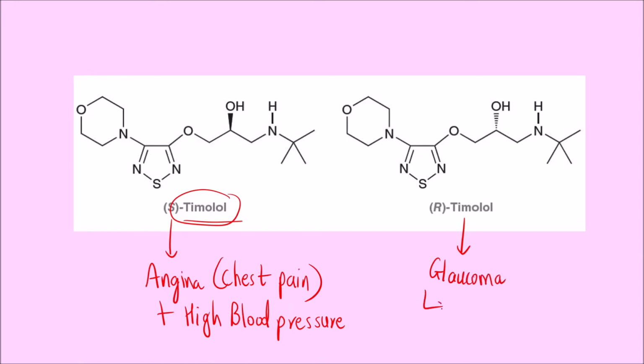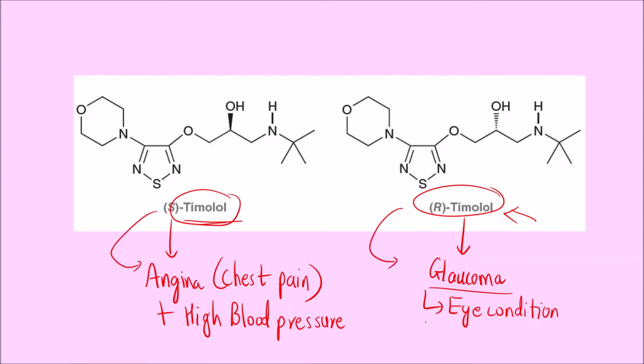What is glaucoma? Glaucoma is an eye condition where the nerve connecting the eye to the brain, the optic nerve, is damaged. R-timolol is useful in treating this disease. So you can see the same drug, the S enantiomer has different properties and R has a completely different drug action.